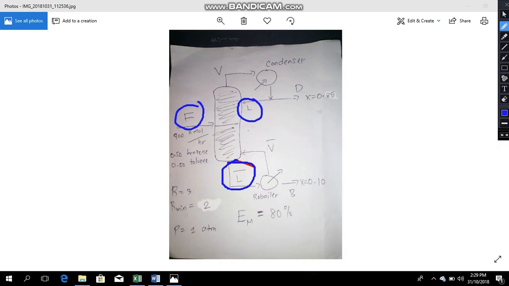Now this L bar is equal to L plus the liquid part of our feed.